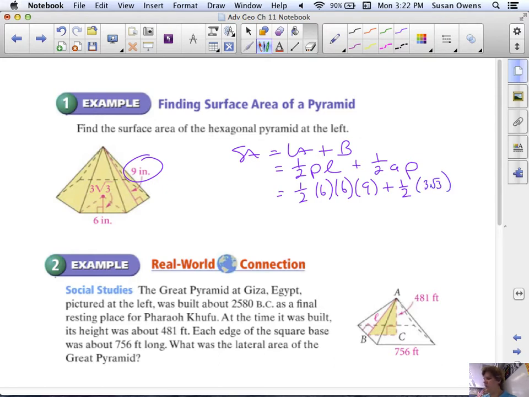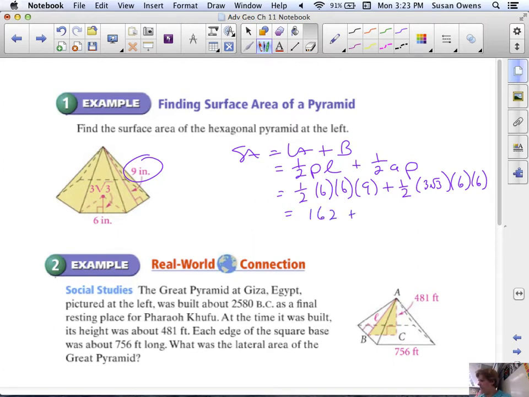So right now I'm just doing my 1/2 apothem times perimeter. I'm not even going to worry about the rest of the figure. And the perimeter again is 6 times 6. So for this one, for the first part I get 162.